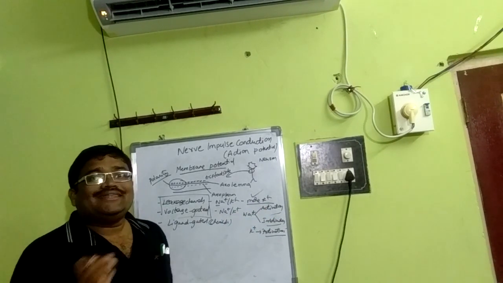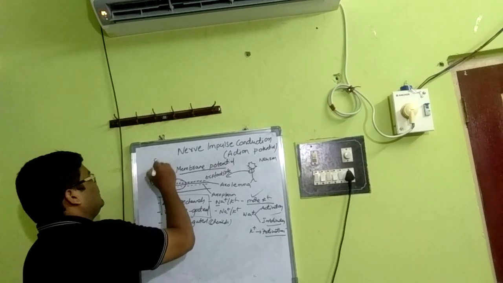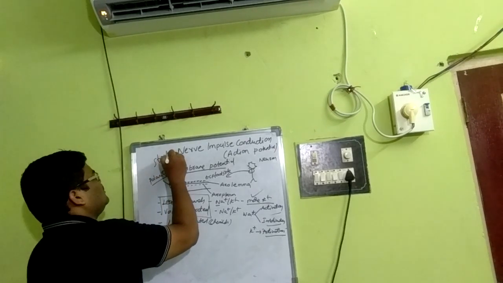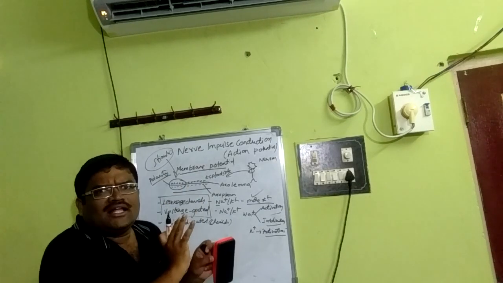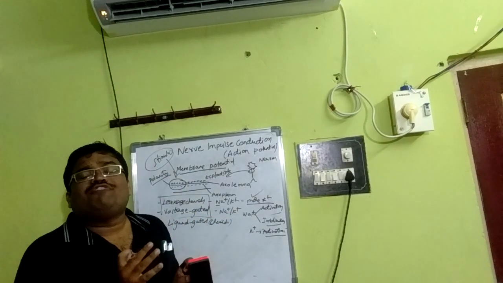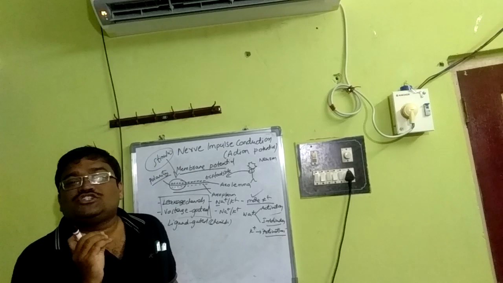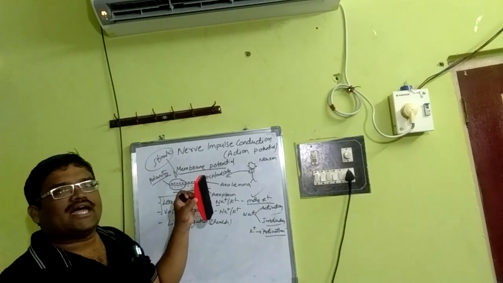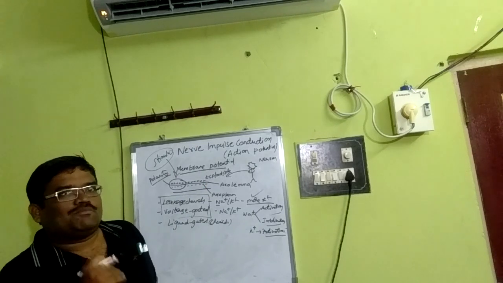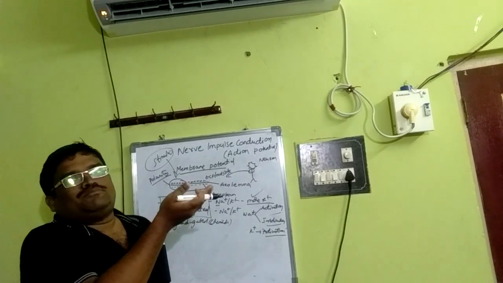Here, when there is a stimulus, say for example, a stimulus of any nature stimulates this ordinary resting environment, what we call an unstimulated nerve fiber, it is an exact environment, more negative inside, that means inside axoplasm, and ECF outside it is positive.